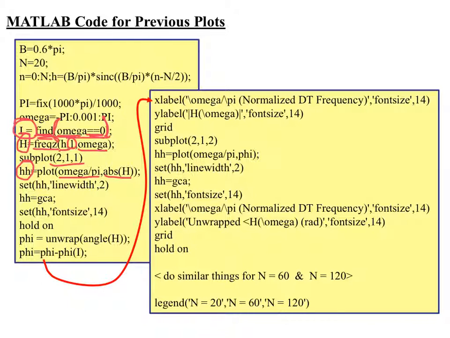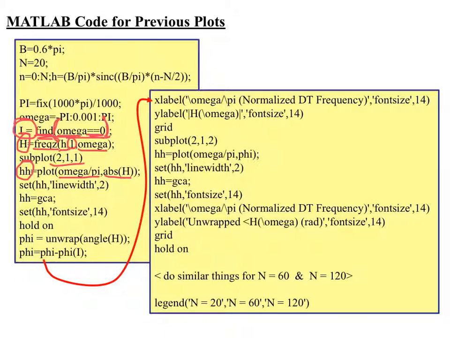I couldn't use regular H, or single H, because I've already got that for my impulse response. MATLAB tends to, in their examples, use H because H stands for handle. So I just used HH. And what it allows you to do is, in your code, set various characteristics of the plot.